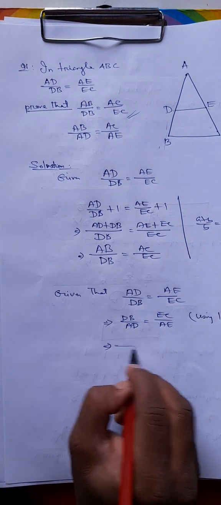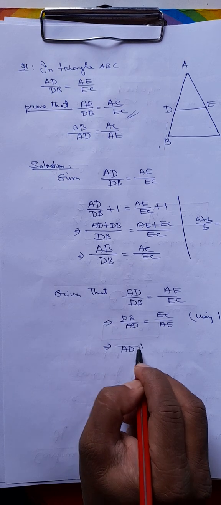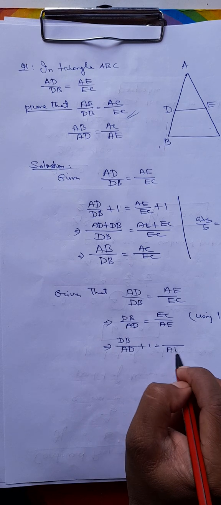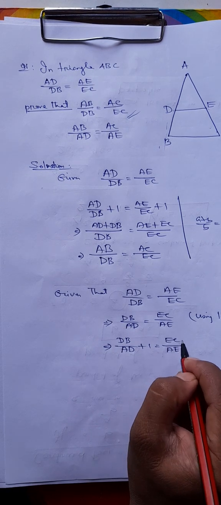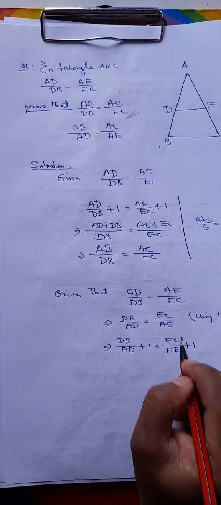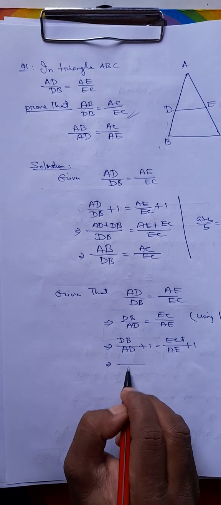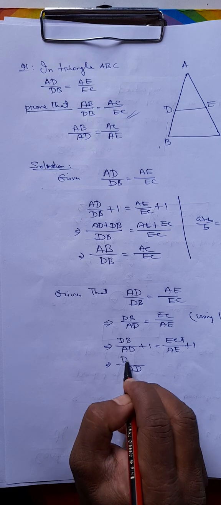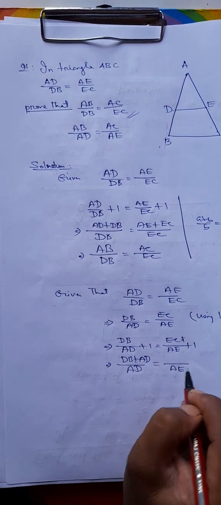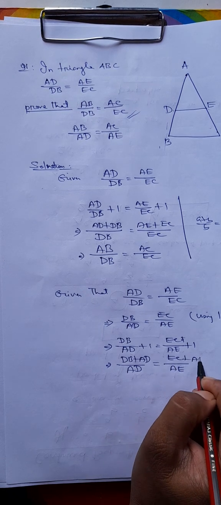Now let's do one thing. Adding 1 to both sides. Now you see, DB by AD plus 1, EC by AE plus 1.